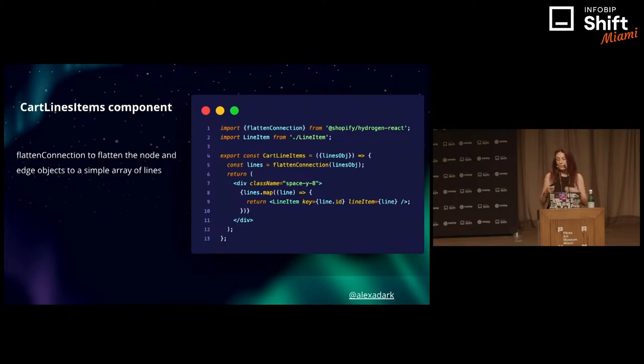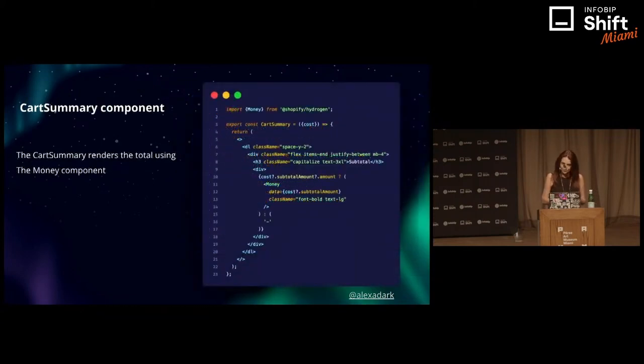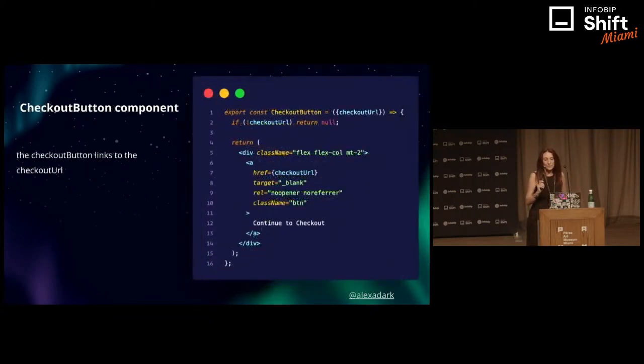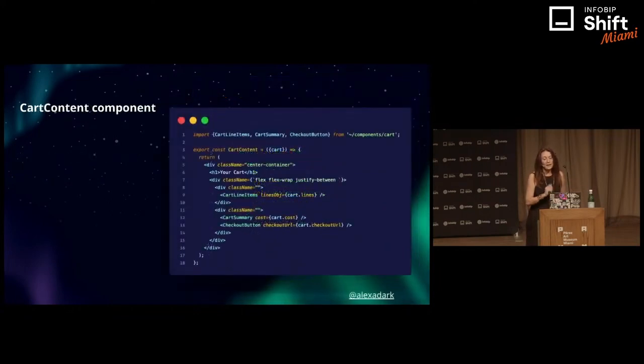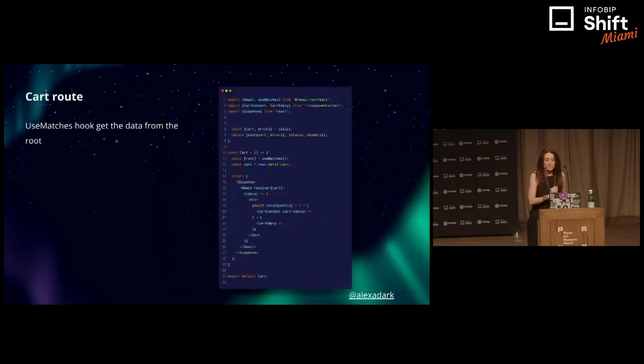Then we map over these lines and we display each line item, which represents each product. The cart summary component renders the total by using the Money component. The checkout button links to the checkout URL. And finally, the cart content component displays everything: the cart line items, the cart summary, and the checkout button.